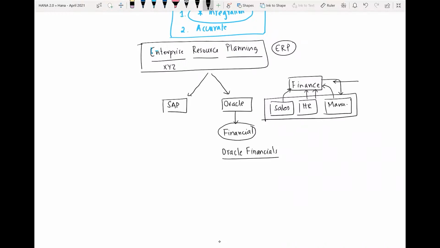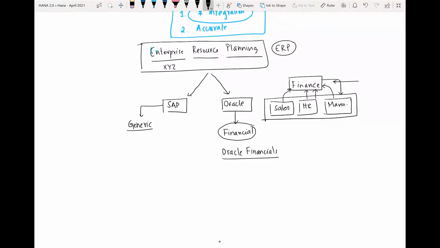On the contrary, SAP took a more generic look at the ERP solution. They said, I understand that finance is a very critical part of the organization, but so are the other departments within the organization. I'm not going to just focus on one particular product. I'm going to be focused on integrating the entire departments within the organization.